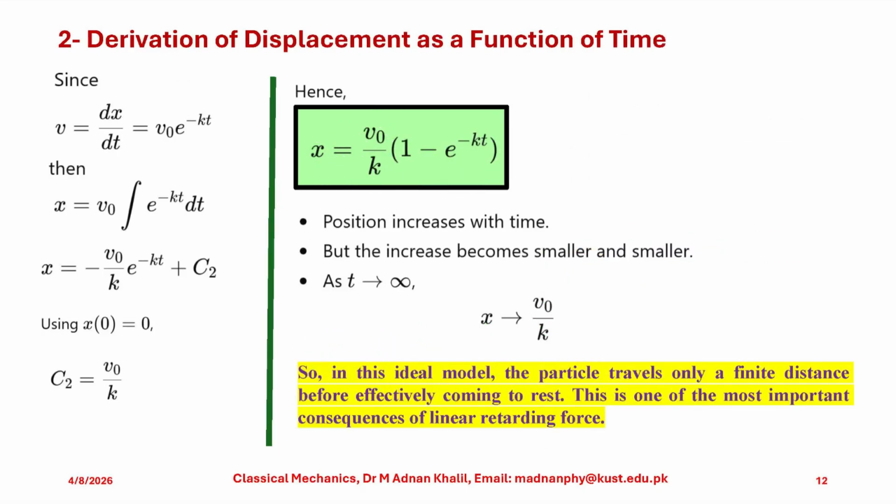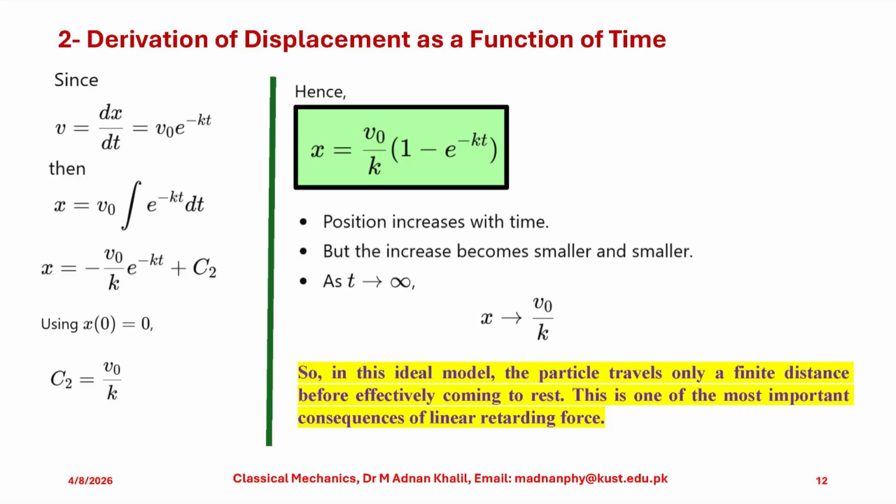Now that we calculated velocity as a function of time, next we can find the displacement. Since velocity is dx by dt, we write dx by dt equals v naught e to the power minus k times t. Then we integrate with respect to time to obtain the position.